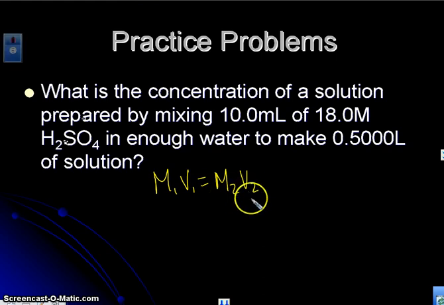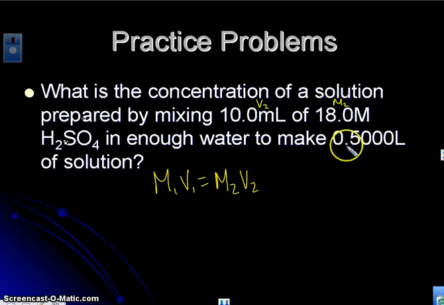It's a sure bet when you see 10 milliliters of 18 molar solution that those two numbers go together. We can assign those whatever numbers we want. It doesn't matter whether we say this is V1 or V2, as long as we give the corresponding molarity M1 or M2 to this number. So for the sake of argument, let's call this V2 and M2.